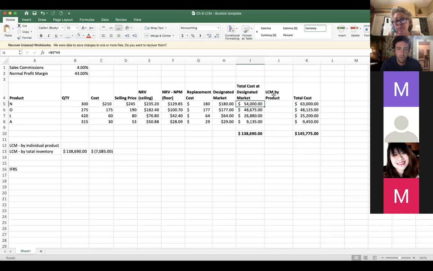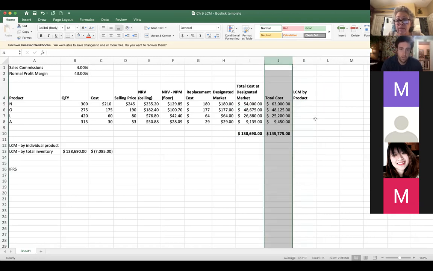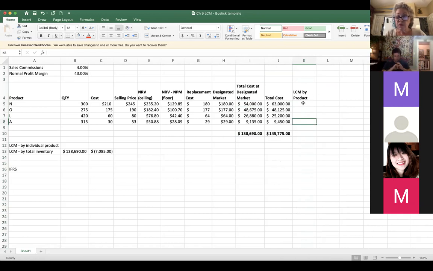See, I could have this over here and then delete this column if that makes it easier. So now I want to do it by individual product. I want to know which one is lower, my quantity times my market or quantity times cost.